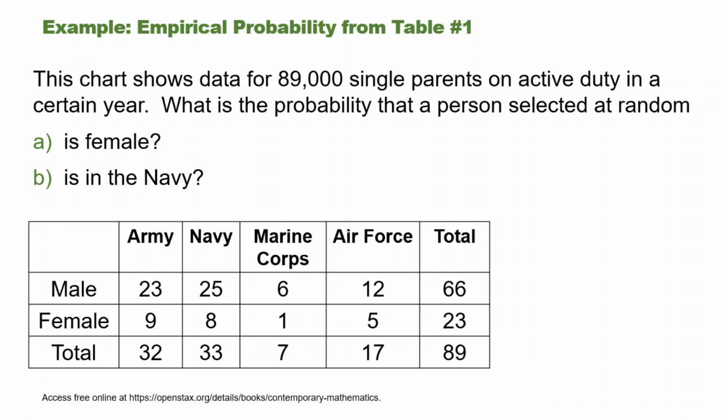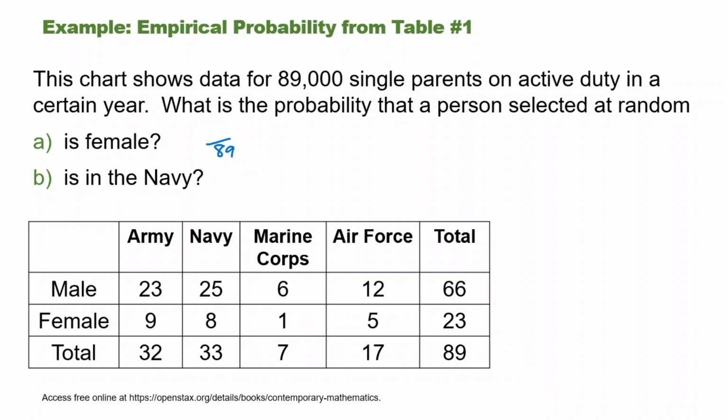So if we're interested in the probability that a person is, for part A, female, we would notice that the grand total, the last row, last column, is actually 89. So we're talking about out of the 89 single parents, how many of them are female? And I just want to tell you the relevant information for this problem.